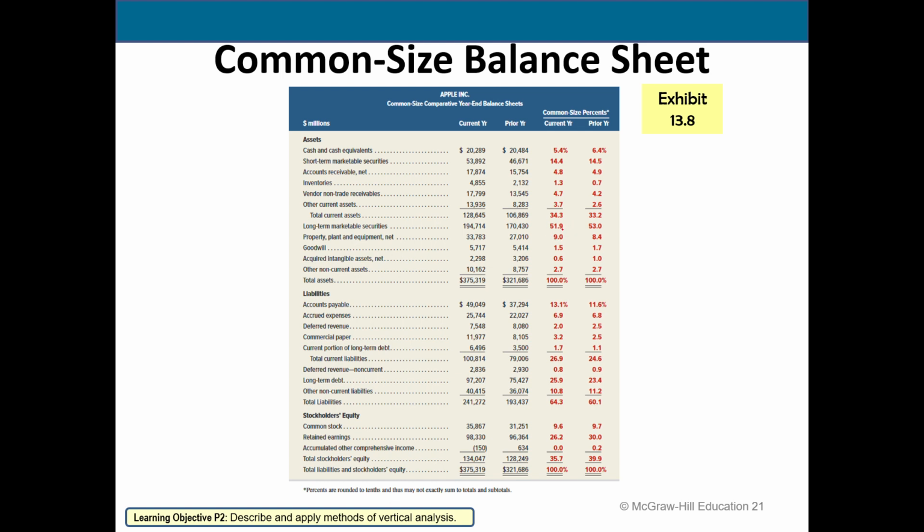Okay, so we can say, for example, that 51% of all of our assets looks like the bulk is being invested in marketable securities. So more than 50% of our assets are going to marketable securities. Okay, so we can analyze the percentages.